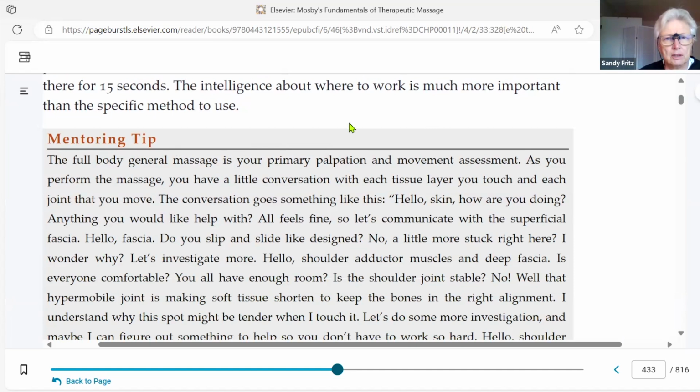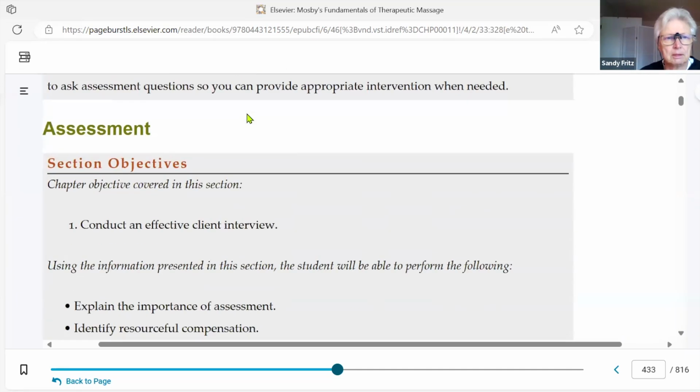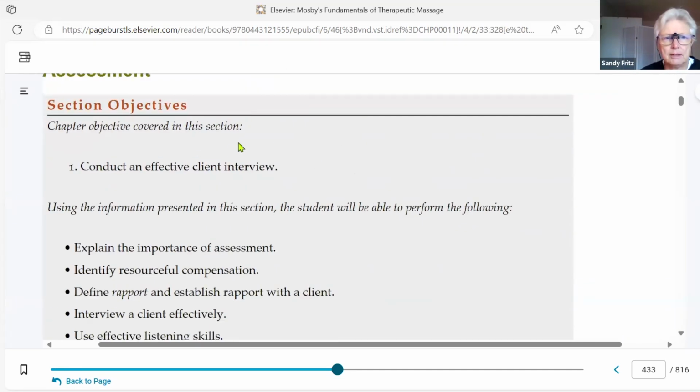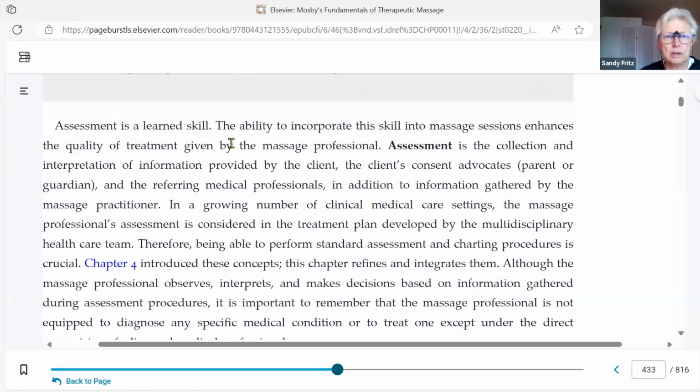So another mentoring tip here, and then we get into the idea of assessment methodology. It really is a learned skill, and the paying attention part of assessment needs to be practiced. If you are not confident with your general massage approach, if you are still constantly thinking about, now, how do I put this bolster here? Or where is this drape supposed to go?